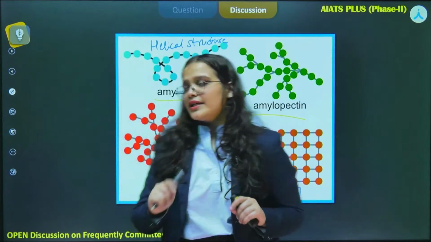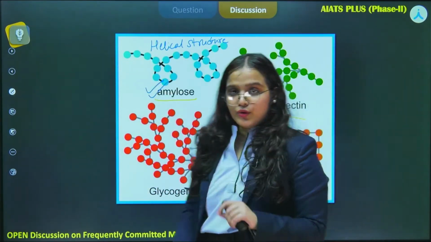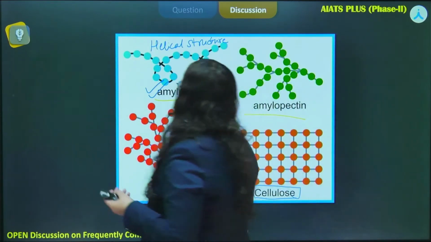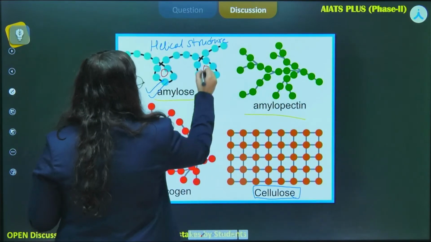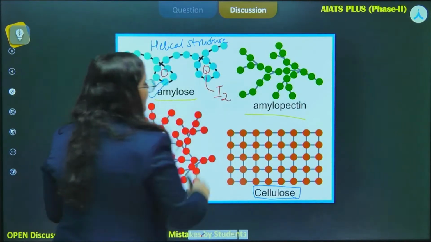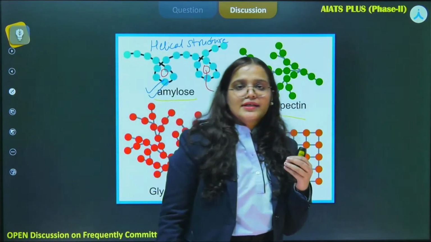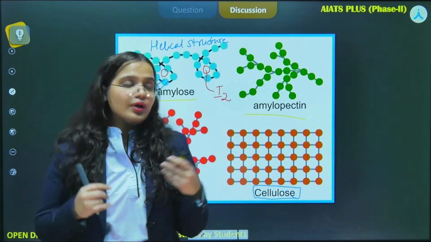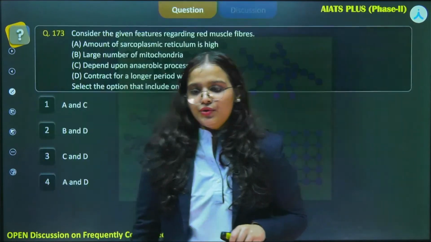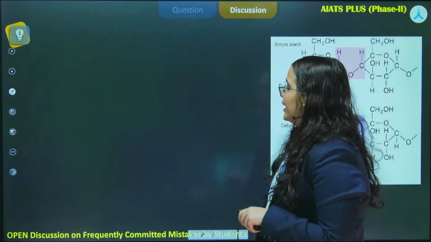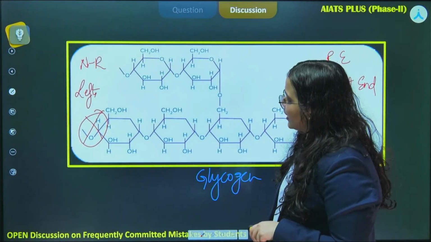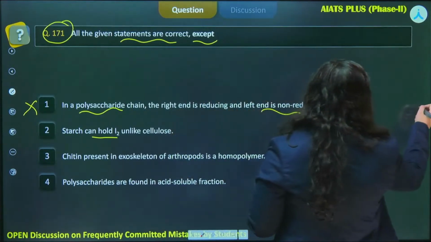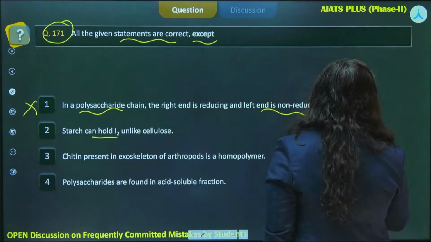And why is it present? It is present because of the amylose, and thus I2 molecules get trapped in these helices and give a positive test, which means a blue-black colored complex will be formed when I2 and starch are made to react together. All right. So this also brings us to the fact that our second statement is correct and therefore it cannot be the right answer.